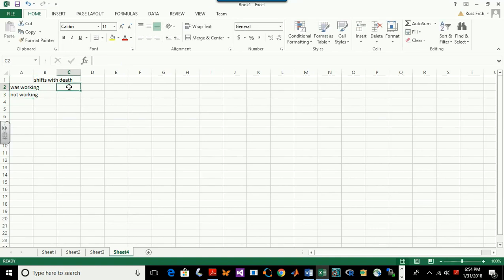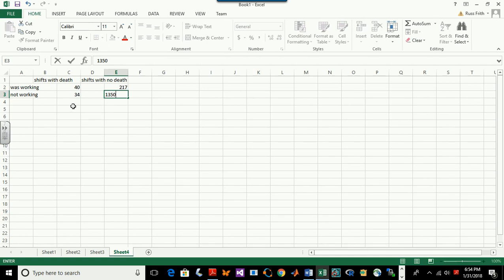That would be 40 shifts when she was working, 34 shifts when she wasn't working. No death. Shifts with no death. There were 217 shifts she worked where there were no deaths, and when she didn't work, there were 1,350 shifts with no deaths.